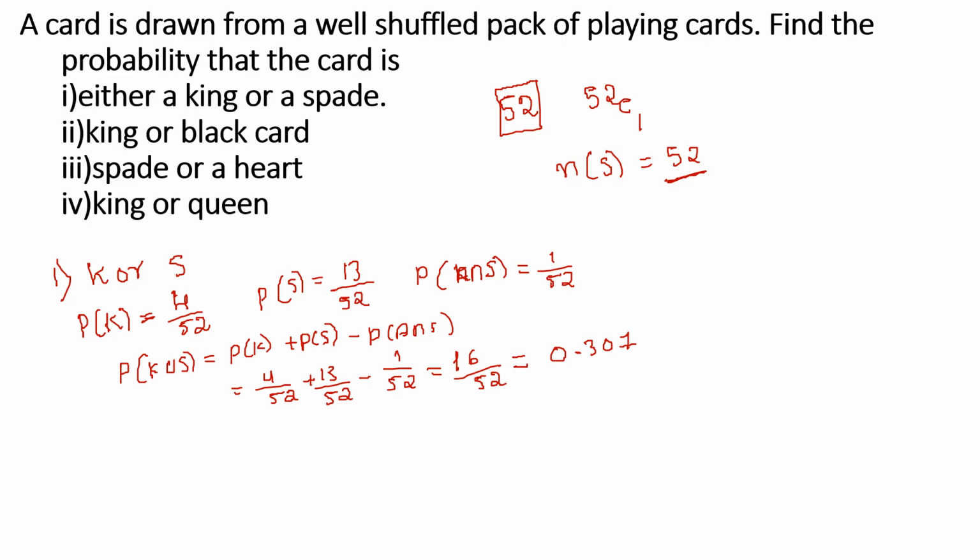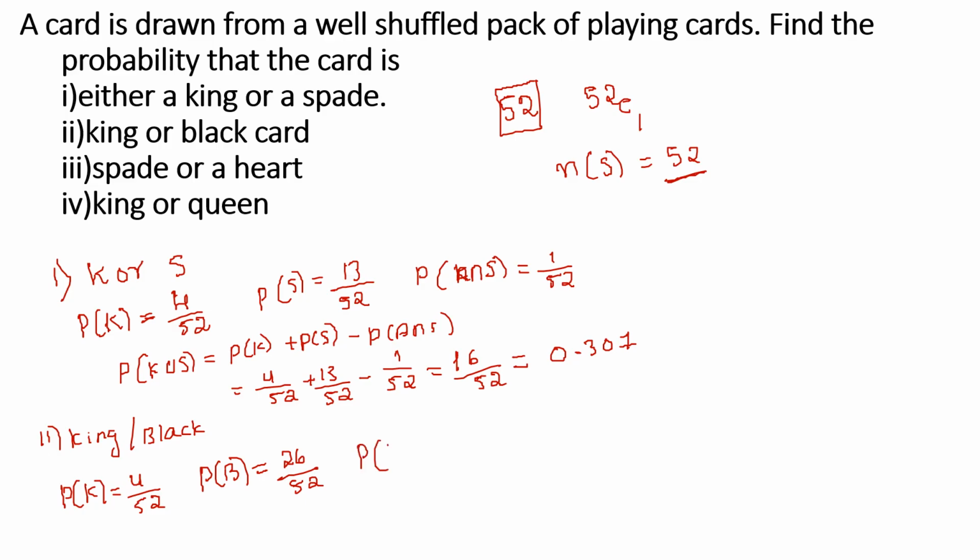Okay, next we have the second question: king or black card. Again, the probability that the card will be a king: there are 4 kings, so 4 by 52. The probability that it will be a black card: there are 26 black cards out of 52.